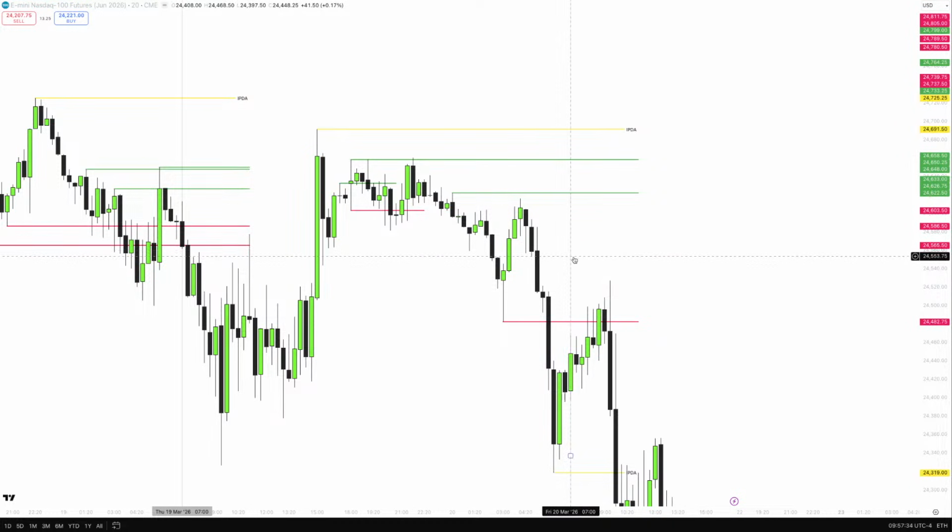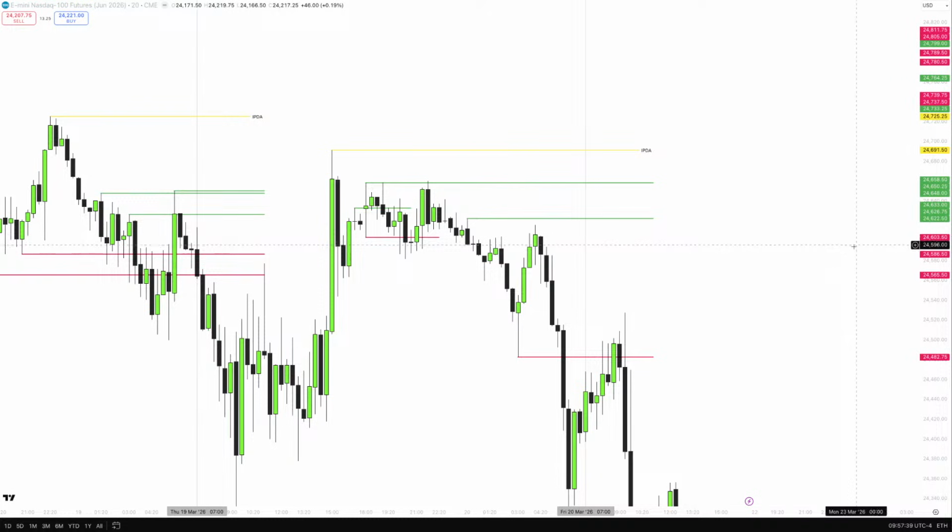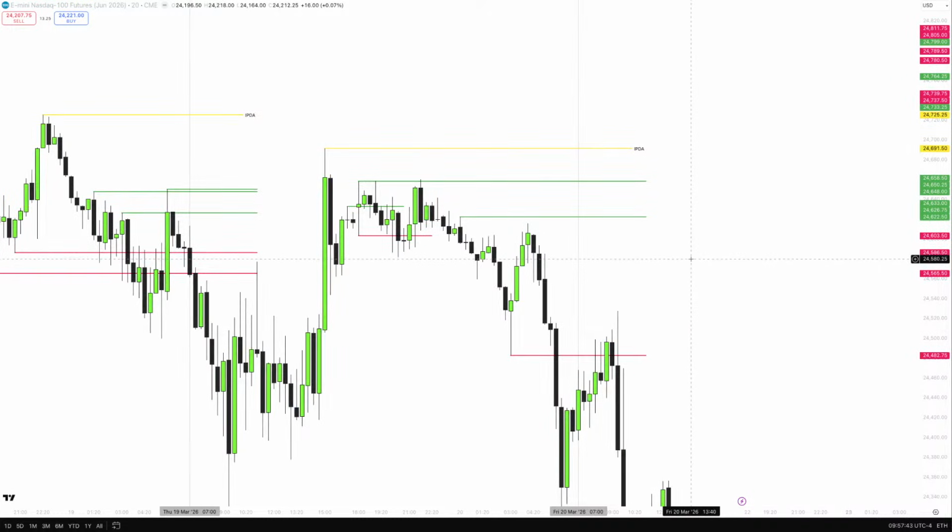So everything before 7 a.m. What I want to see is if we get 2 displacements back to back from IPTA lows to the downside. And if that is the case, then I'm bearish.